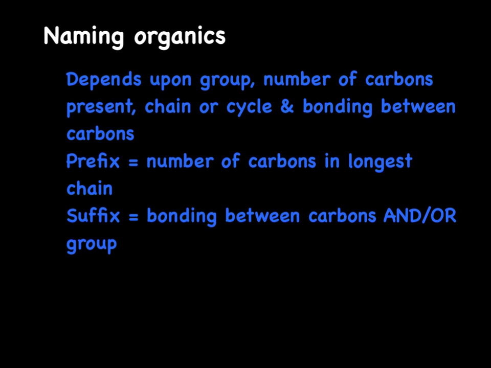But obviously carbon compounds can form these huge long chains such as DNA, various forms of rubbers, and a lot of polymers that do exist. The ending of our name, we talk about the bonding between the carbon atoms. Now this is particular for all the hydrocarbons and all the groups that are derived from those, so our alcohols, aldehydes, ketones, etc.